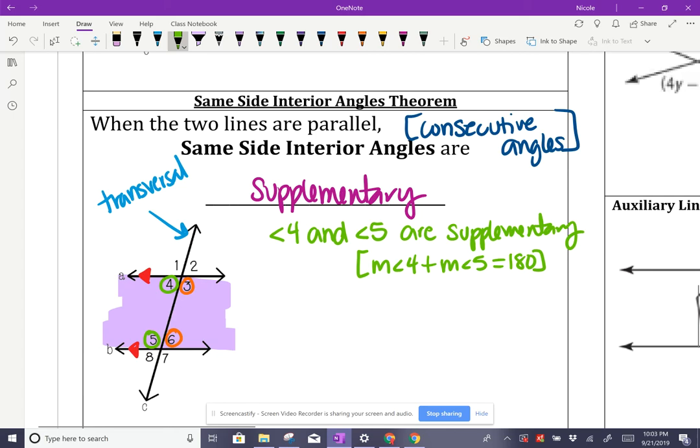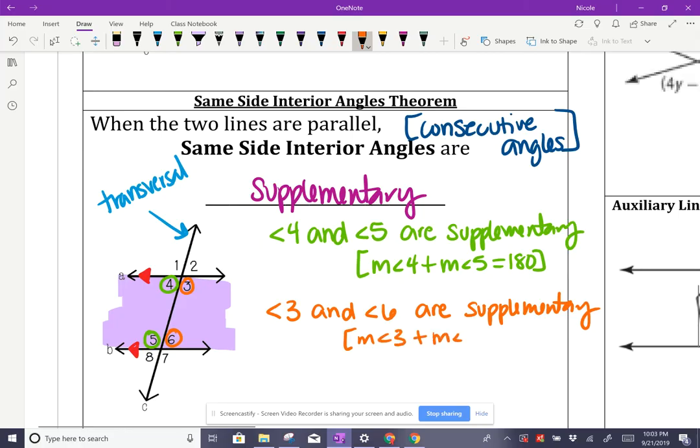Eventually, we have to go through a few steps first. And we can say that angle 3 and angle 6 are supplementary. So again, after using the definition of supplementary angles, we can say the measure of angle 3 plus the measure of angle 6 equals 180.